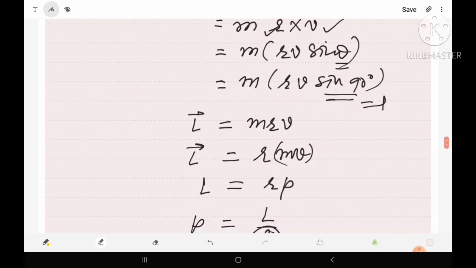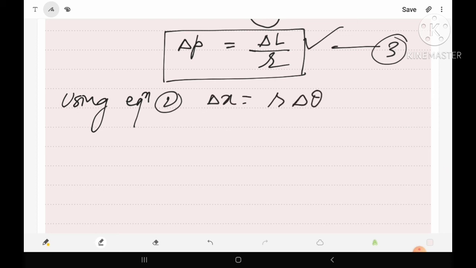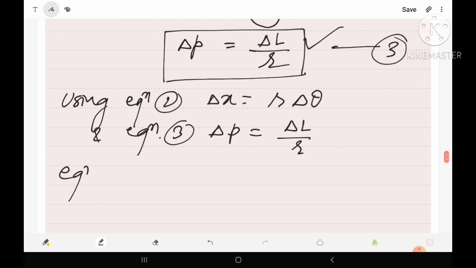Using equation 2, del x is equal to r into del theta, and equation 3 means del P is equal to del L upon r. Equation 1 means del x into del P is nearly equal to h.